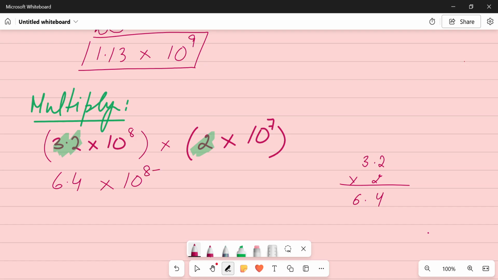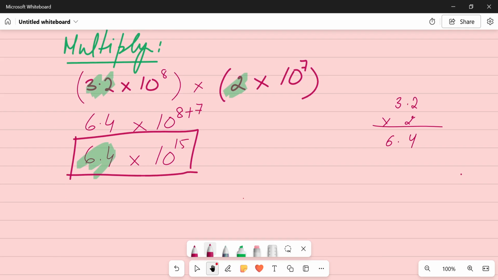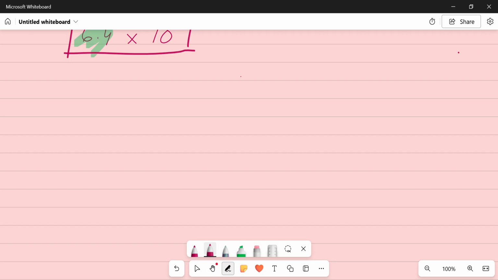So 8 plus 7: 6.4 times 10 to the power 15, okay? So this is your final answer, and you can check this 6.4 is already in a standard form, okay? So this is the final answer, right? The multiplication part also we have done, we have learned.